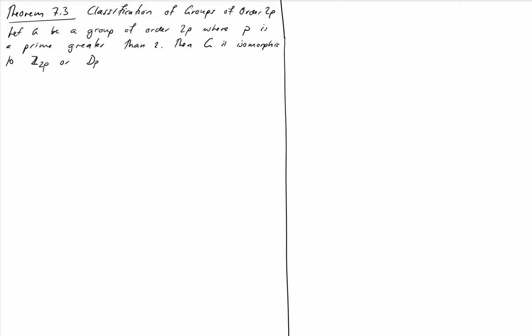Okay, so this one's going to take a bit of work to prove, so let's get cracking. First off, we're going to consider whether G has an element of order 2p. Obviously, if it has an element of order 2p, then it's going to be cyclic, because that element will generate the whole group. So we'll first assume that it does not have one of these.